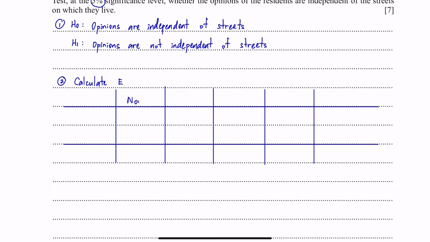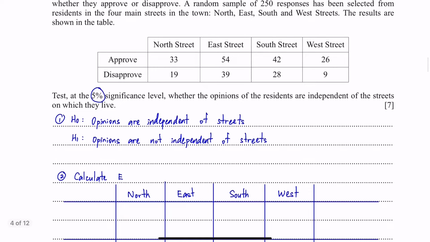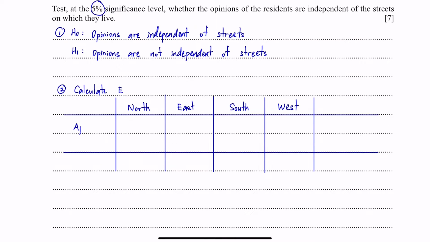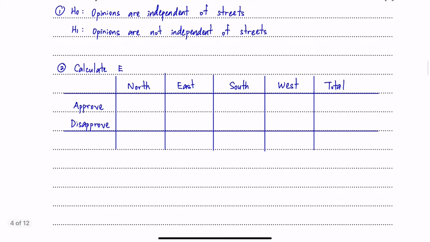So this is for north, this is for east, south, and west. Just follow the title here. So this will be approve and disapprove. At the last column, we will have the total, and the last row, we will also have the total.